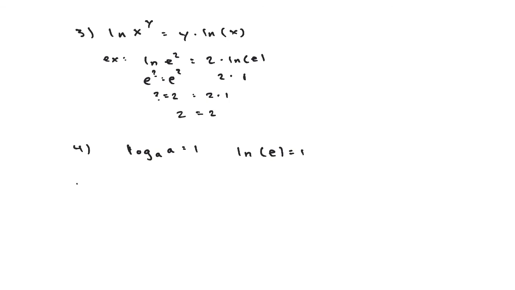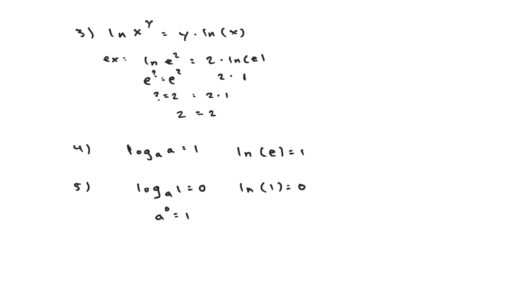We might also have something like this. We could say the log base a of 1 is equal to 0. And again, this is all considering the conditions that we've put on a. But this is saying that a to the 0 is equal to 1. And we can apply this in the case of the natural log, where we take the natural log of 1, and that's asking e raised to what power equals 1, and that's going to be 0.